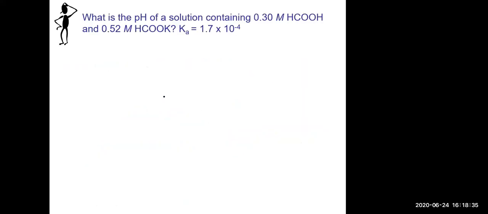All right, why don't you take a second here and calculate the pH of this solution that contains 0.3 molar HCOOH and 0.52 molar HCOOK. The Ka value for the formic acid is 1.7 times 10 to the minus 4.